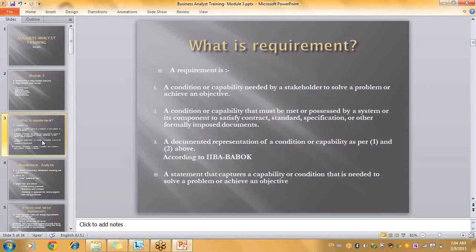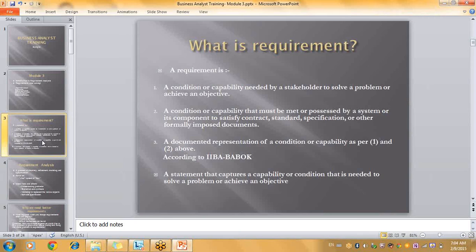So when I say requirement, what is your need, right? But what do you mean by capability? I understand a condition, but what is a capability?